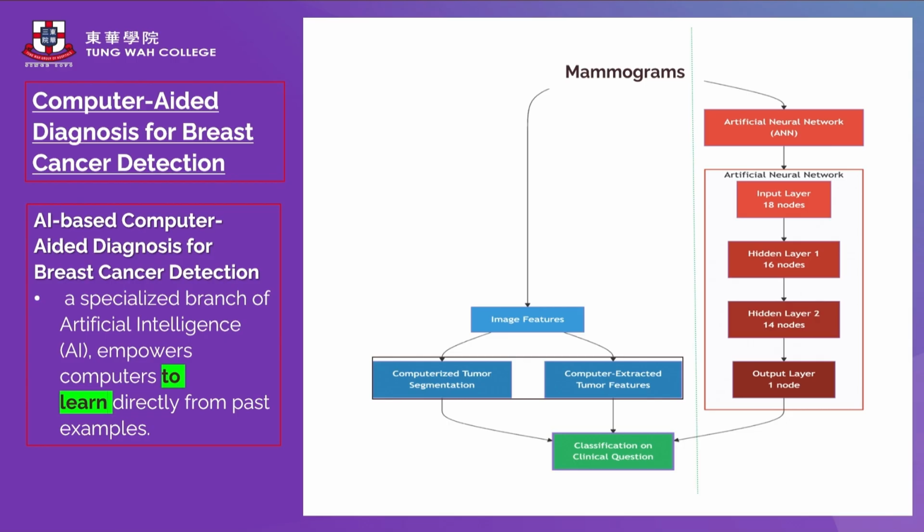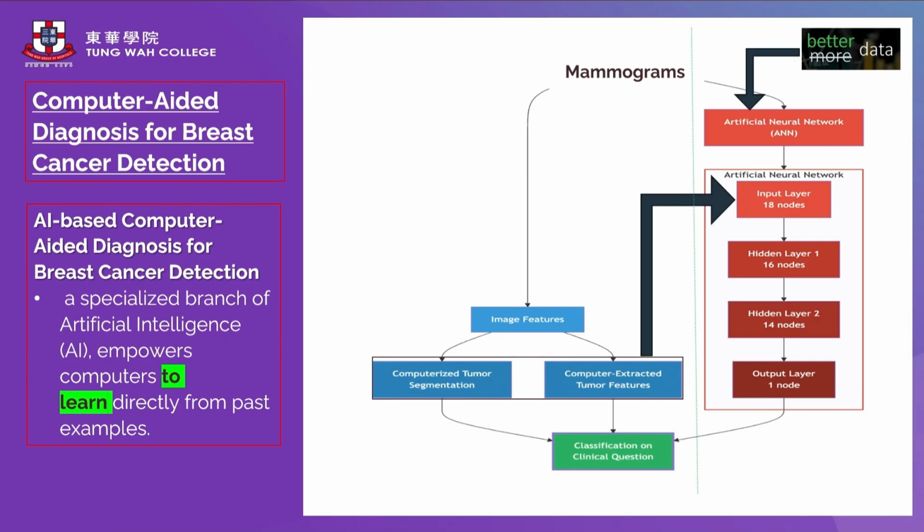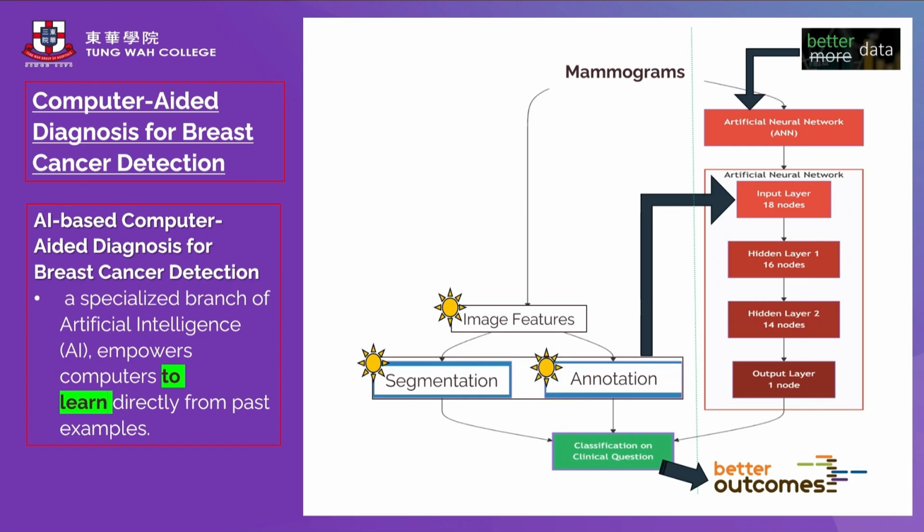Because AI can learn by itself, if you give it a lot of better data, you will have better outcomes, in the sense that it can give a better prediction. So that's why we now move towards using AI to support our predictions. In this chart, I highlighted 3 important parts. Number 1 is how we can extract those image features.